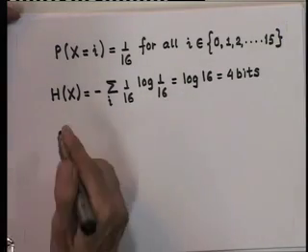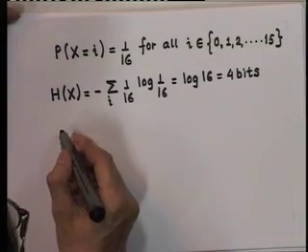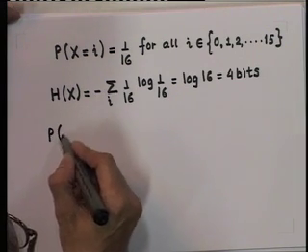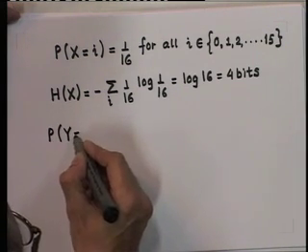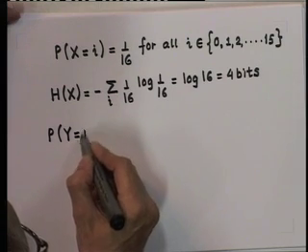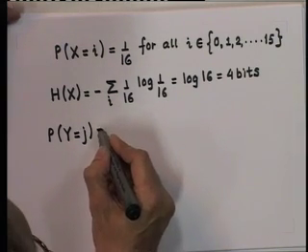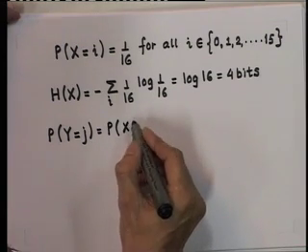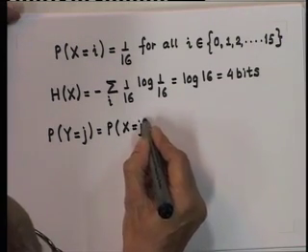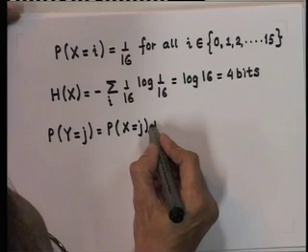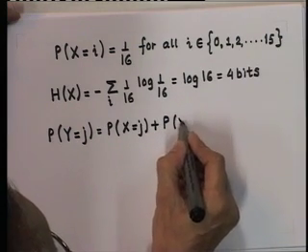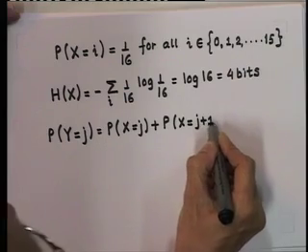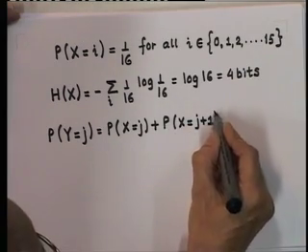Now, we can calculate the probabilities of the reconstruction alphabet as follows: probability of y equal to j is equal to probability of x equal to j plus probability of x equal to j plus 1.